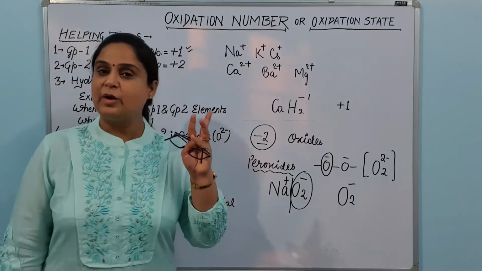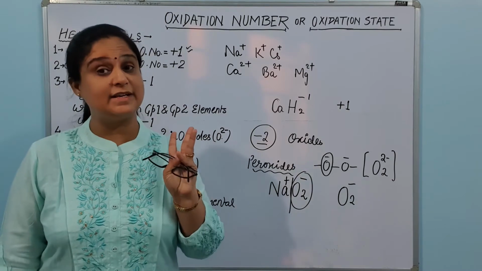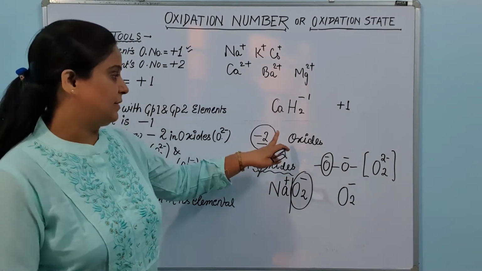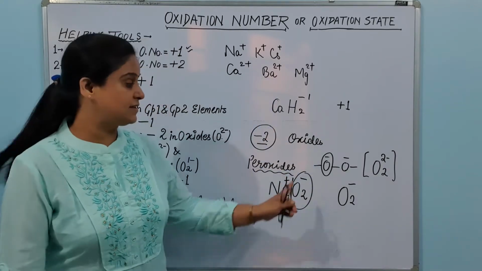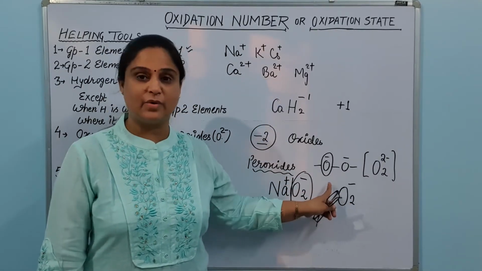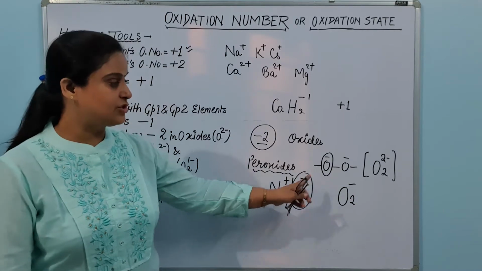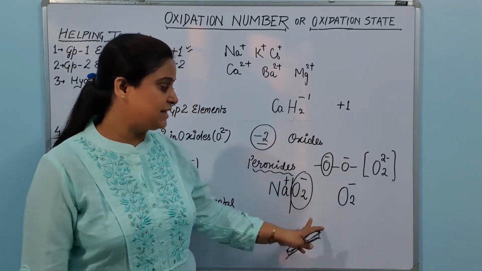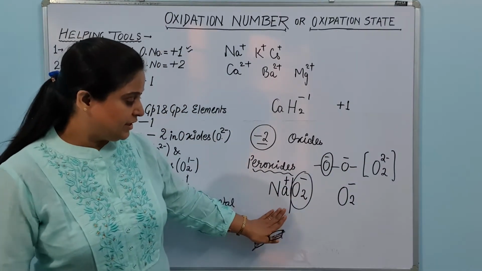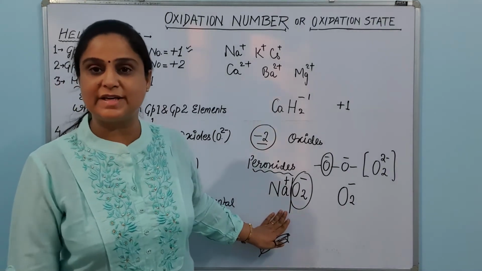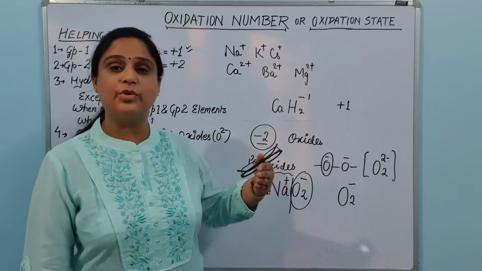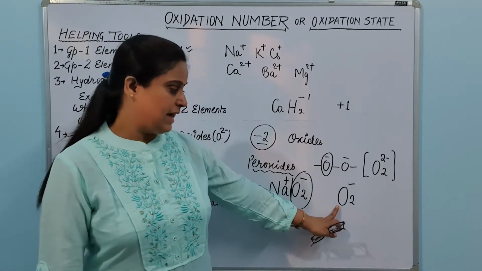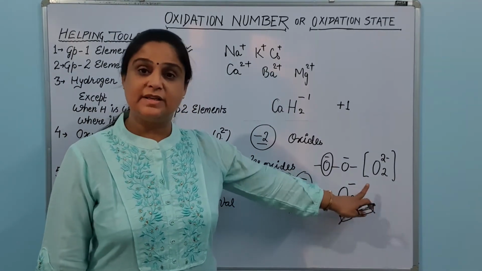Always remember, oxygen can change its oxidation state in three ways. Common is -2. Most of the time you will see that this is -2. But in some cases, where oxygen is attached with another oxygen, it will show -1 oxidation state. And when it is forming superoxide, these kinds of oxides are called superoxides. We will learn it in detail, but here you can understand that one more kind of ion of oxygen is possible, and this is O2-.